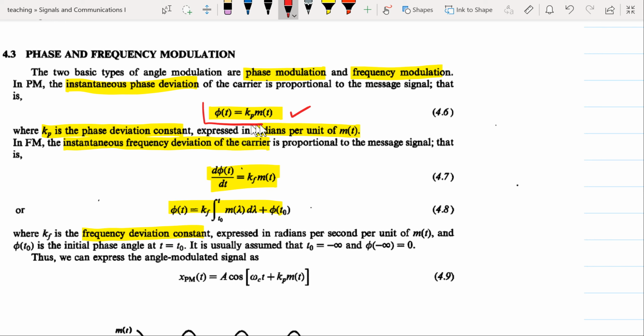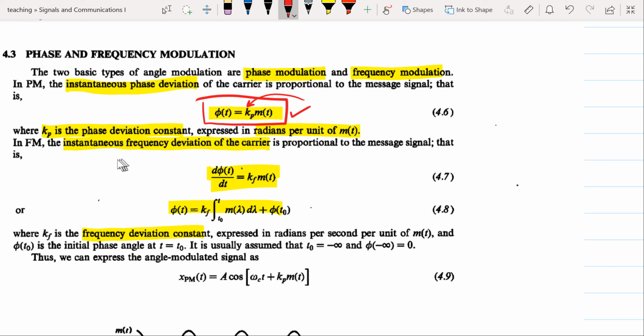What you observe in equation 4.6 is that the phase of the carrier is directly proportional to the message signal itself, with the constant of proportionality being Kp, and we refer to Kp as the phase deviation constant with the units of radians per unit of message signal.